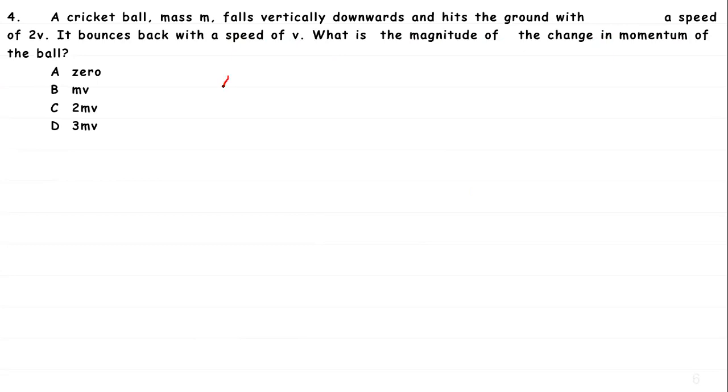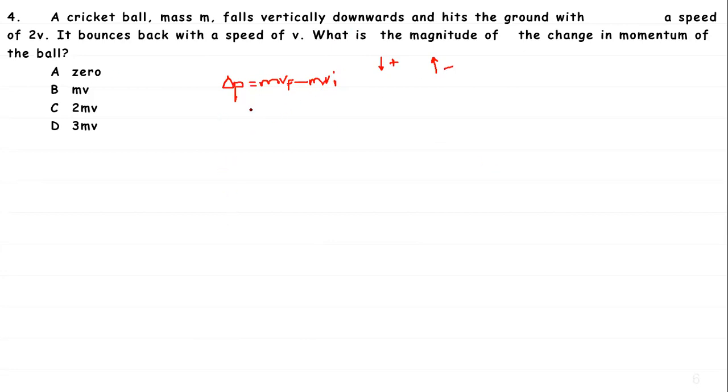You can just go to your formula and say delta P is equal to mvf minus mvi. Now, let us say downwards is positive. In other words, upwards is going to be negative.